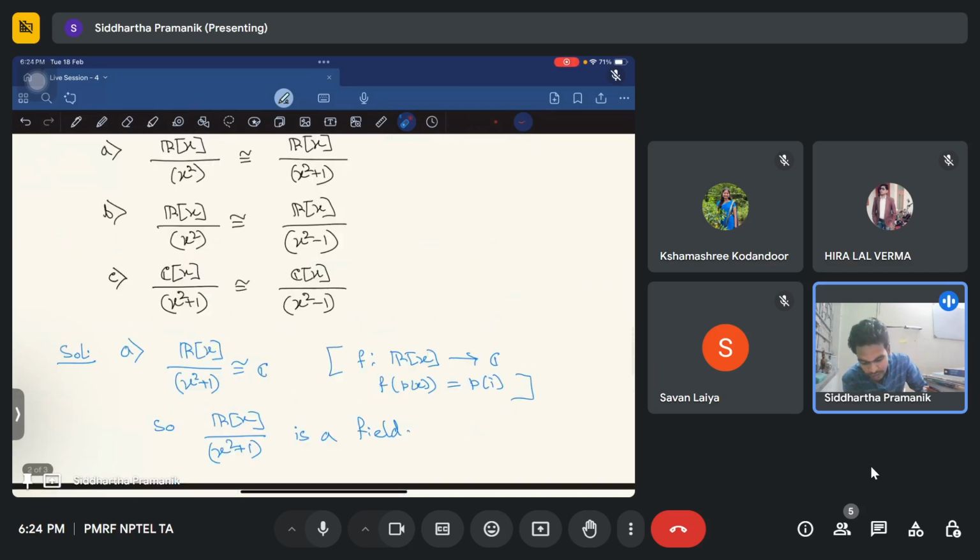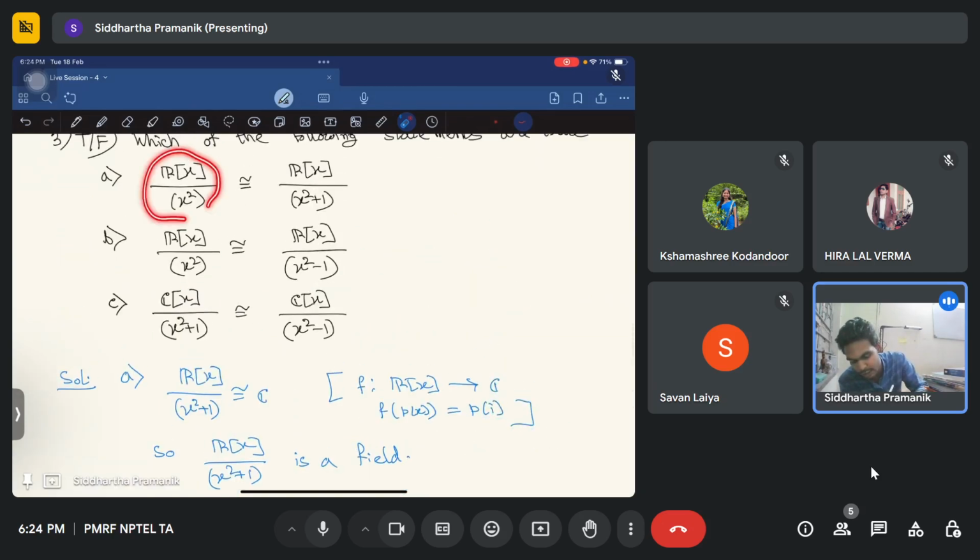Or you can directly see that this is not an integral domain, because the element x mod x squared is a zero divisor, since its square you will get zero. So the first one is false. So these two cannot be isomorphic.